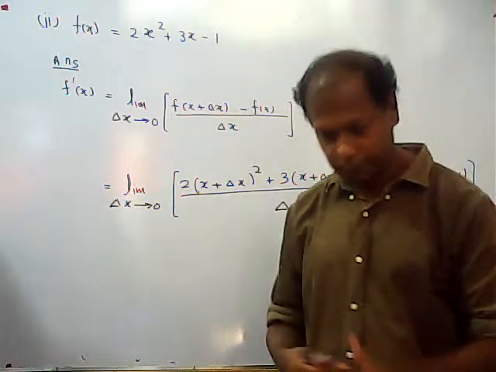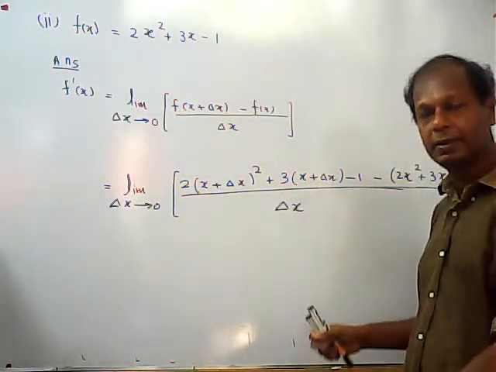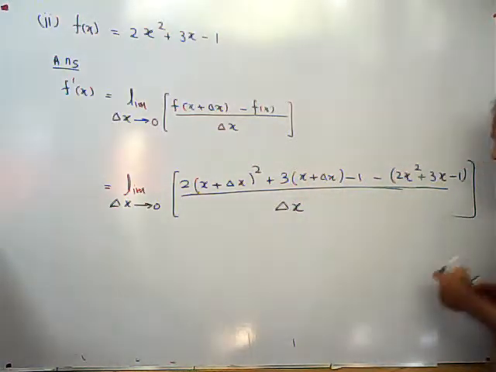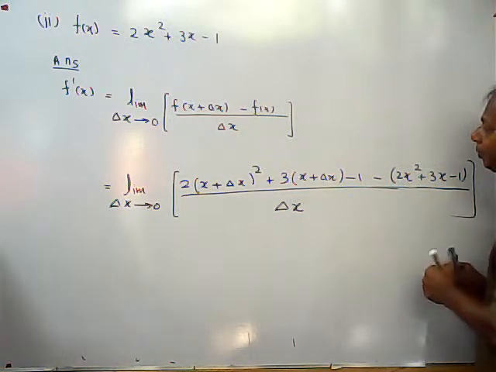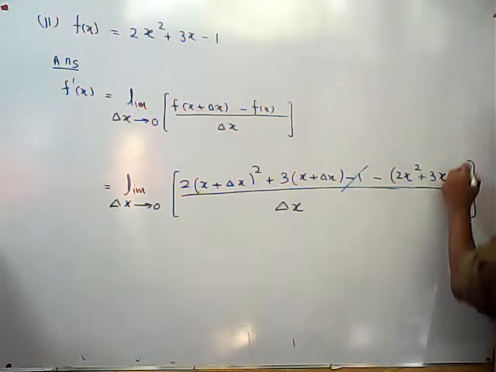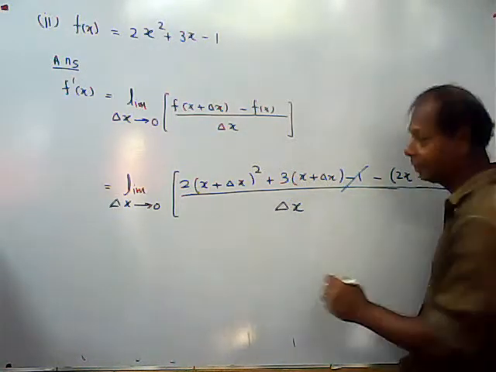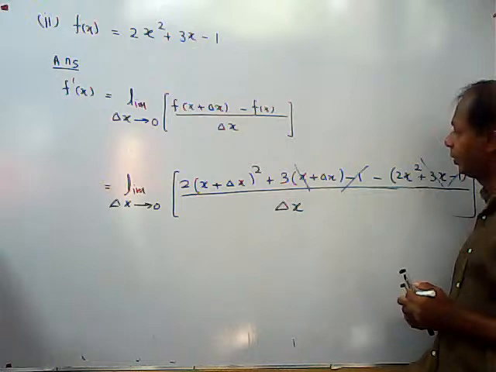Even at this stage, you see some terms getting cancelled. What are they? Here is minus 1. Minus 1 is cancelled. And 3x, so it's 3x.